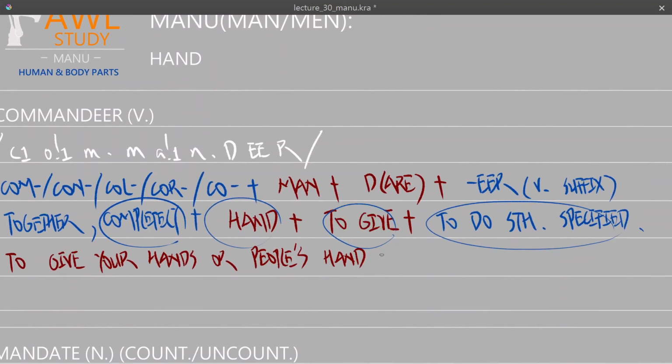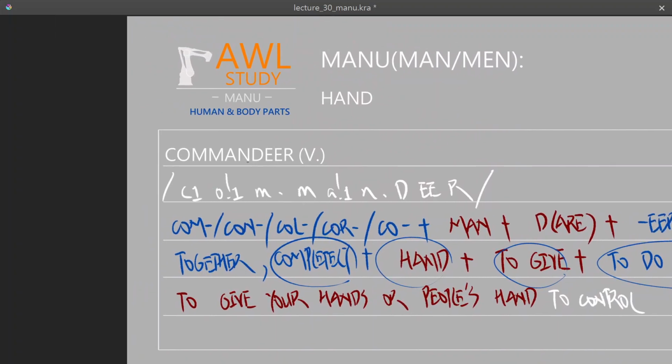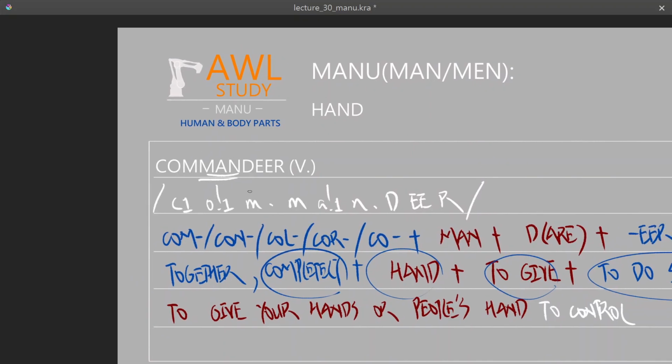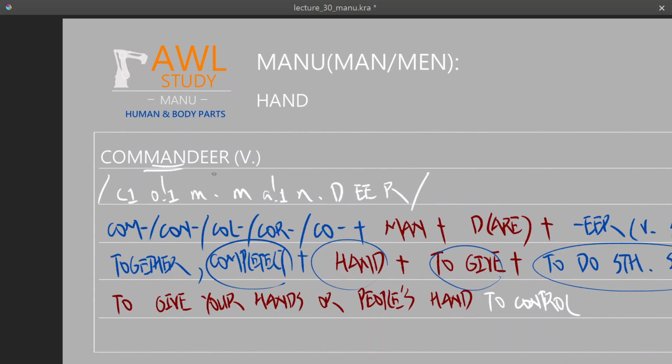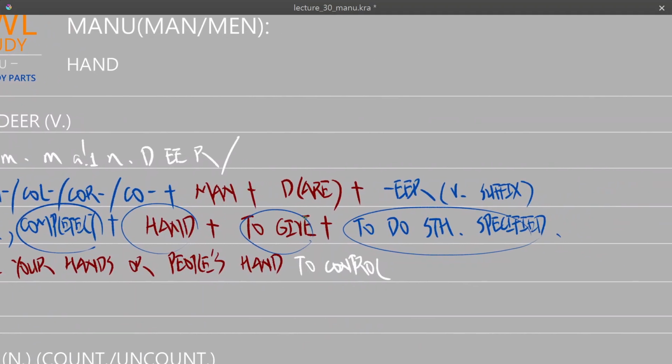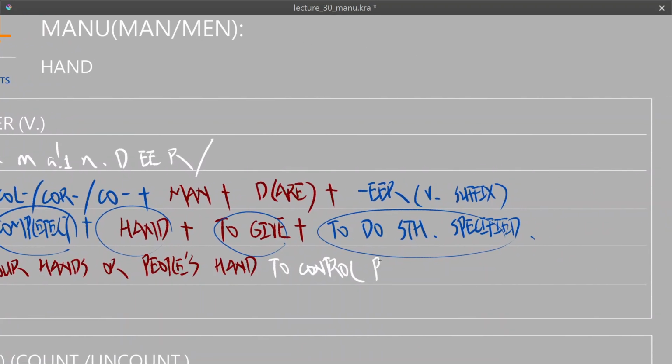To control. Since we have the singular man rather than plural man. So to give your hands or people's hands to control what? To control private property.